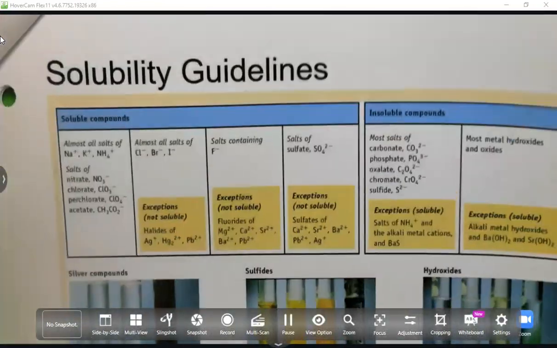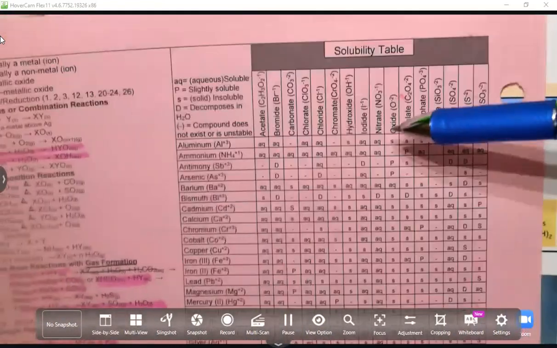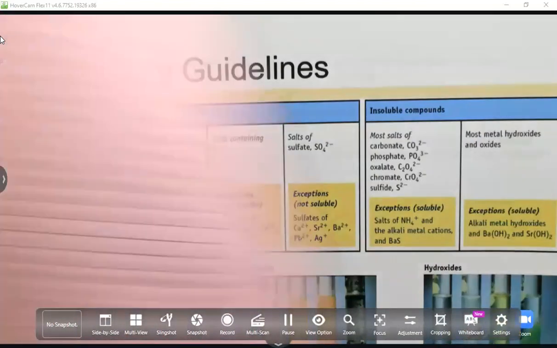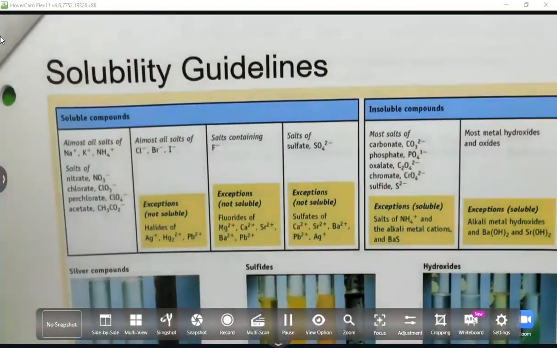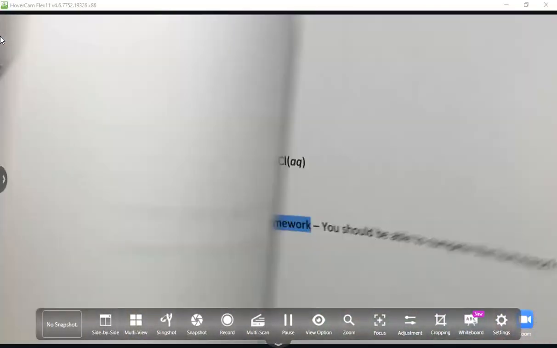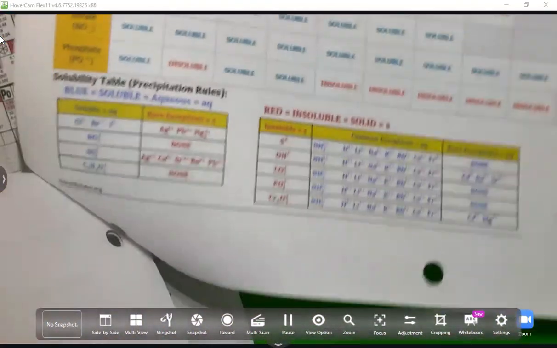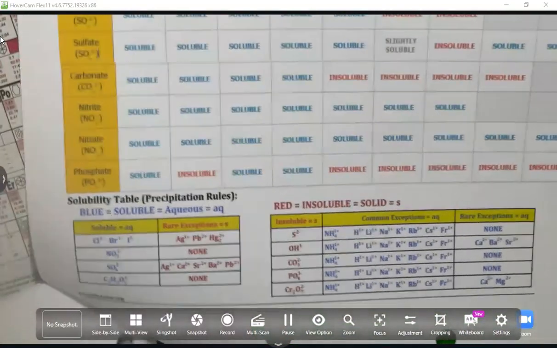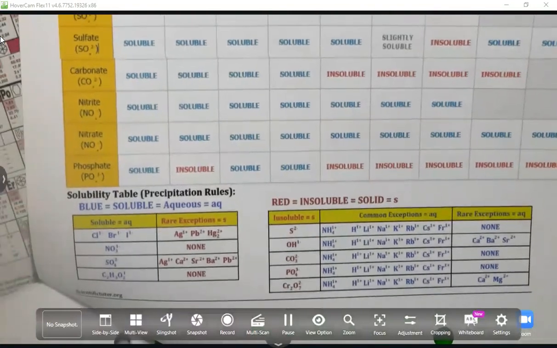If you're not sure, you can always kind of look here, but try to do the rules. Look here. There's another solubility grid on the very last page that I stole from somewhere. It's kind of another similar solubility grid. So the back side also has it, the very last page.